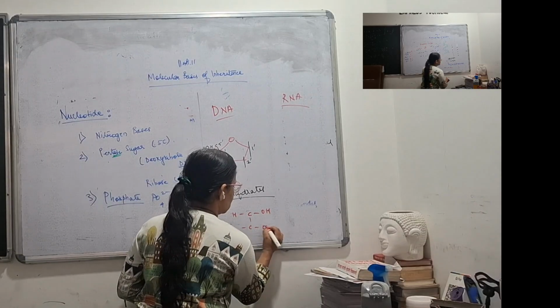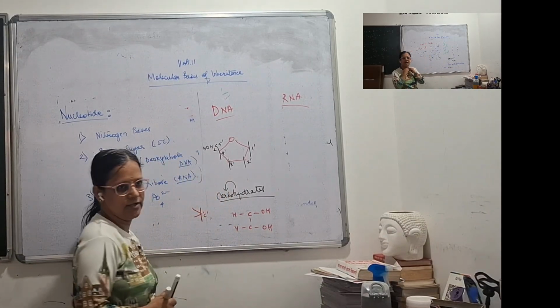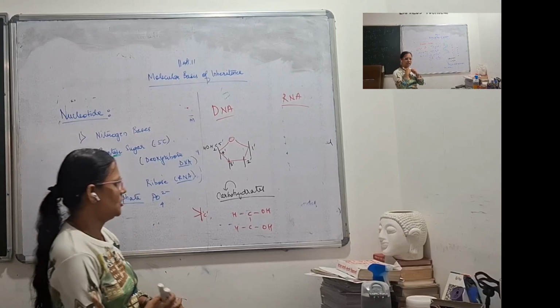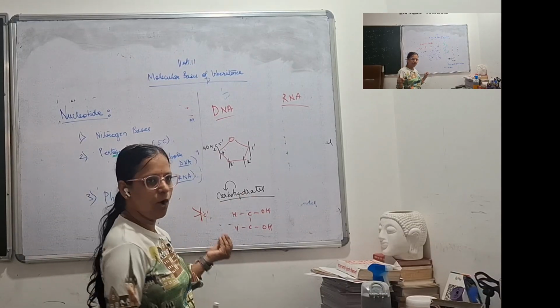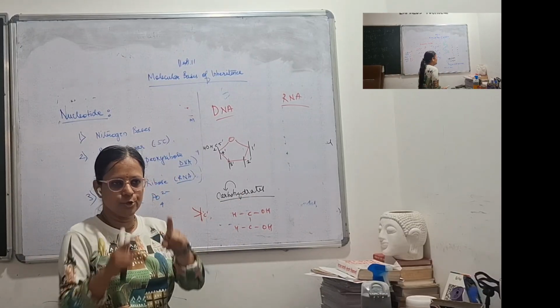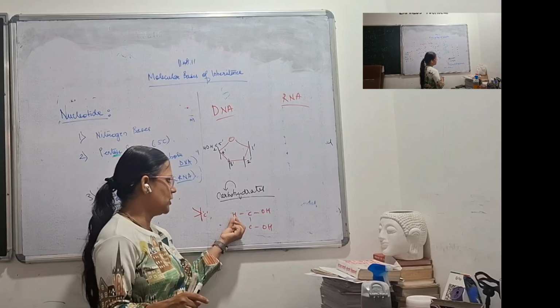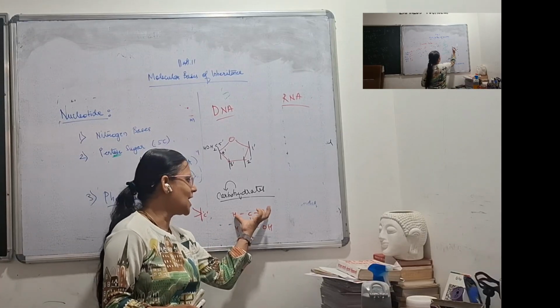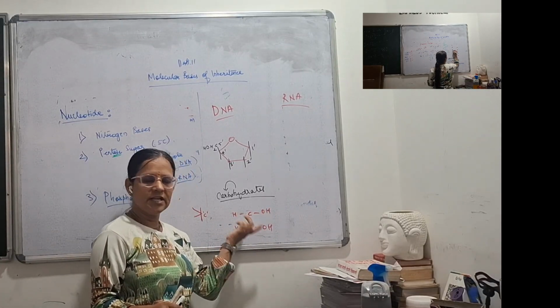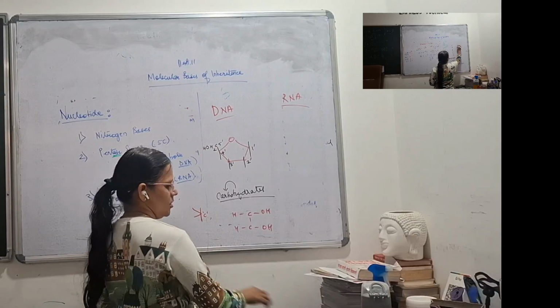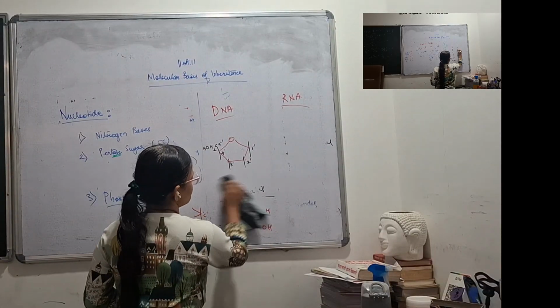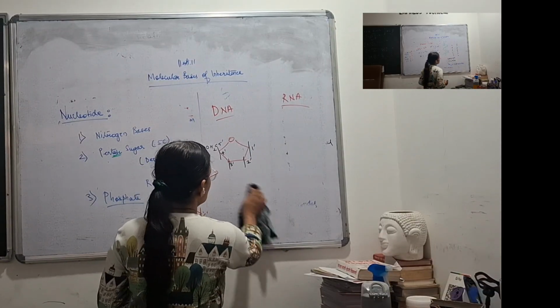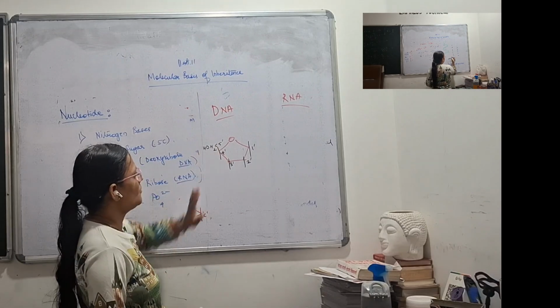So this I can call a carbohydrate. I have not completed it, but for example. So hydrate meaning what? Water molecule, H2O. So I have split this H2O into H and OH. So these are hydrates of carbon. Same way here also, in this ribose and deoxyribose, these are nothing but hydrates of carbon.